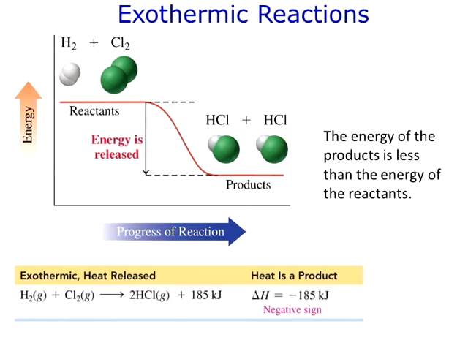The energy of the product is less than the energy of the reactants, and that energy is reported as a negative 185 kilojoules. Delta H is minus 185 for this exothermic process and is reported in kilojoules, which are the standard units for reporting such values. Enthalpy is reported in joules and kilojoules.